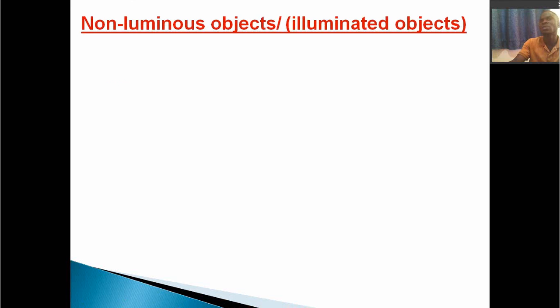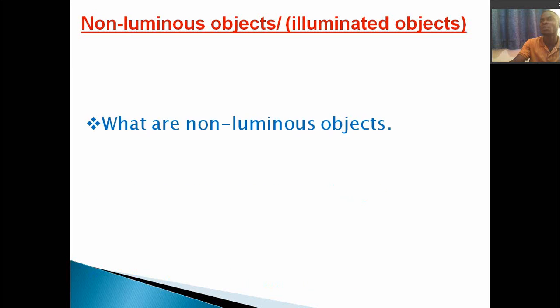Let's also go on and look at the non-luminous objects, or the ones that we are calling the illuminated objects. Let's spell the word illuminated. I-L-L-U-M-I-N-A-T-E-D. The word is illuminated. We can either call them the illuminated objects or the non-luminous objects.